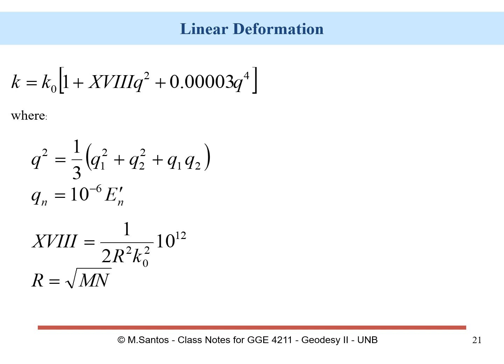And we have this term q, which is computed as a function of the quantity E prime, which is the distance from the central meridian to the point of interest. Please copy down this equation, because we're going to have an example on the next slide.